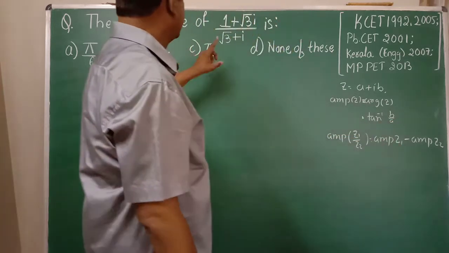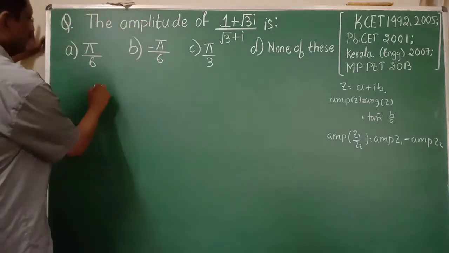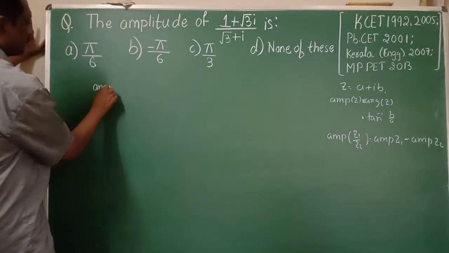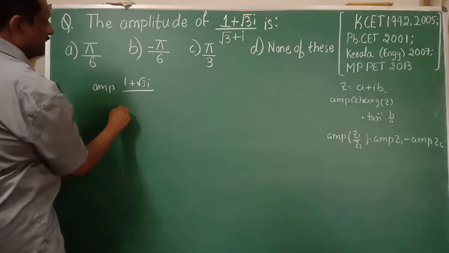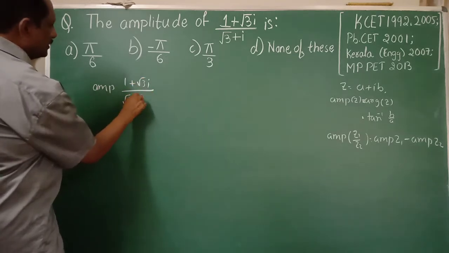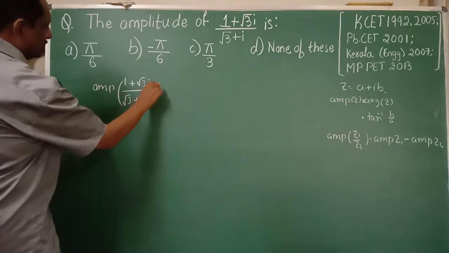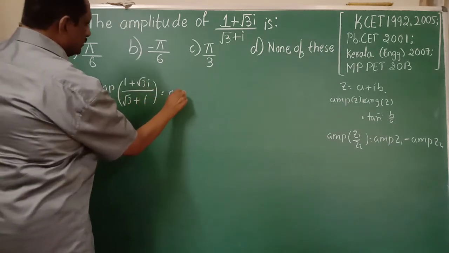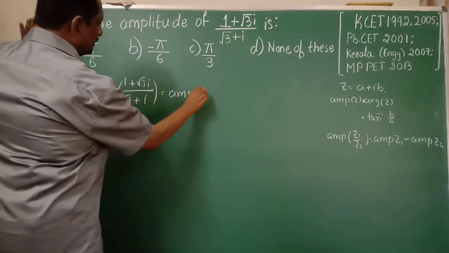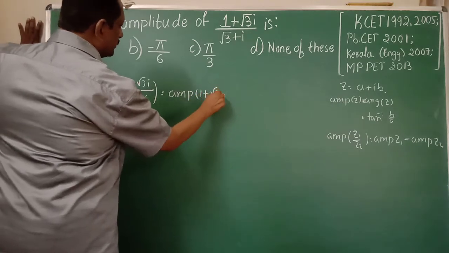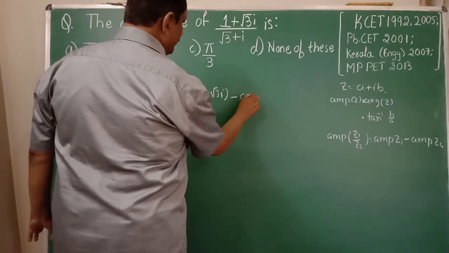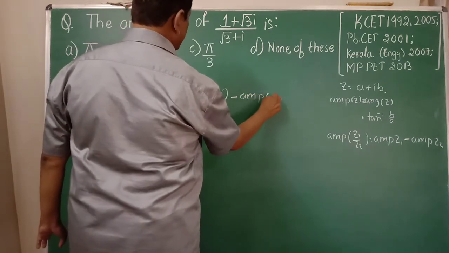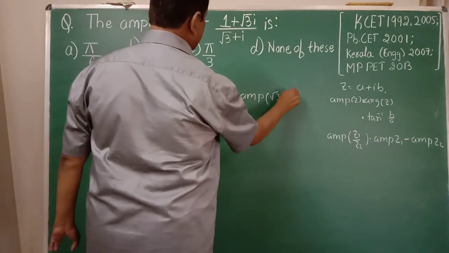I am using this result here. Therefore amplitude of (1 plus root 3 i) divided by (root 3 plus i) is equal to amplitude of (1 plus root 3 i) minus amplitude of (root 3 plus i).